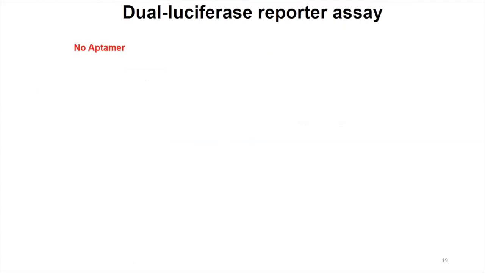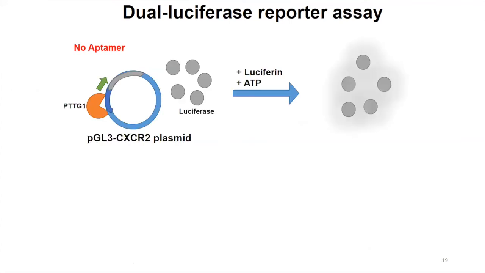And we have carried out another assay, which is known as the dual luciferase reporter assay. It uses two different plasmids, Firefly luciferase, which is pGL3, and Renilla luciferase plasmid. And this assay hinges upon the fact that PTTG1 binds to CXCR2 in the vector. When the binding happens, it drives the production of luciferase, which then carries out the enzymatic action that eventually produces luminescence.